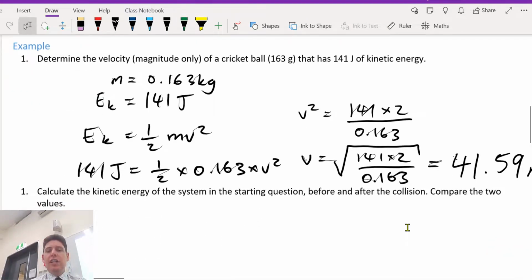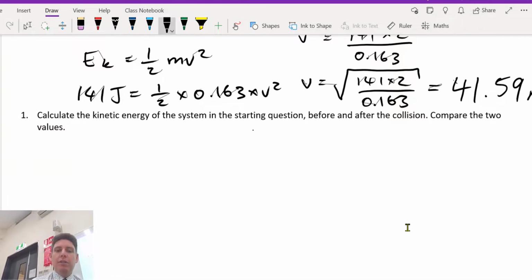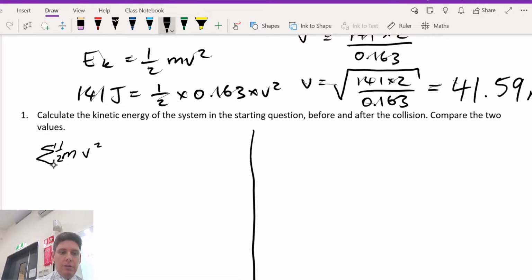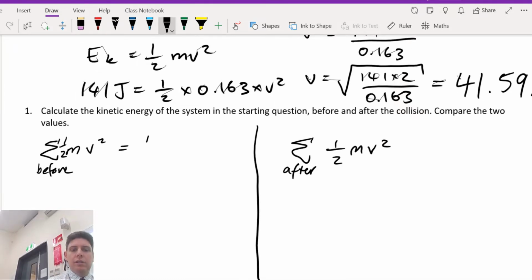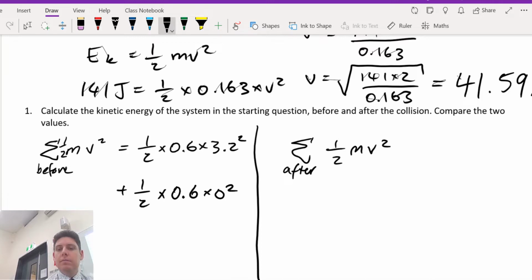Okay, so kinetic energy is similar to momentum. So you can sum the kinetic energy at the start, so before, and you can sum the kinetic energy after, the first cart plus the second cart, like that.